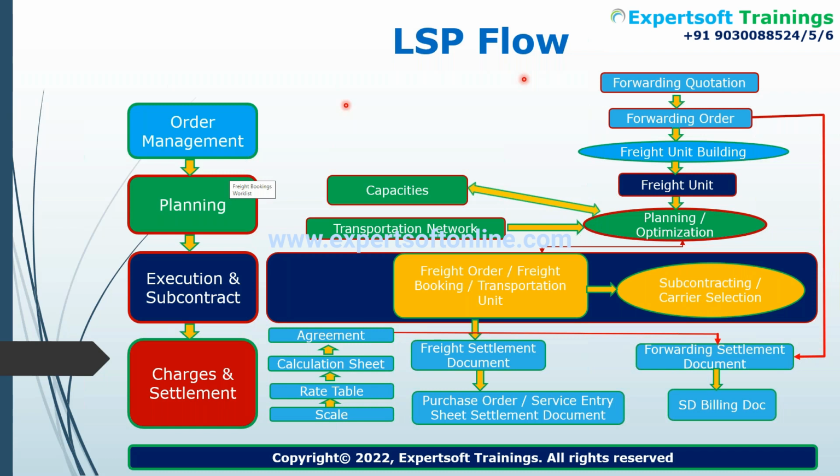These order-based integrations would not be there. Instead, you will have a forwarding quotation and forwarding order, respectively. That is how it will work. This is also one of the scenarios we will be working on together, so that tomorrow when you get into a project, regardless of which project you work on, this will help you address the solution.